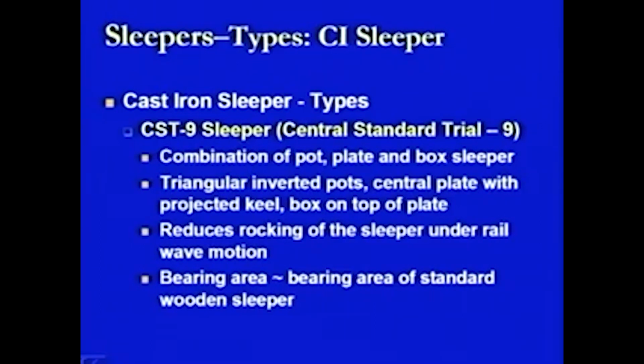And one advantageous condition with the CST9 sleepers, or basically the CST sleepers, is that they have a wider area through which the loads can be transferred from the rail sections to the ballast cushion sections at the bottom, and the bearing area is approximately of the same structure as being provided for the wooden sleeper. So, this is one of the biggest advantages in the case of the CST9 sleeper.